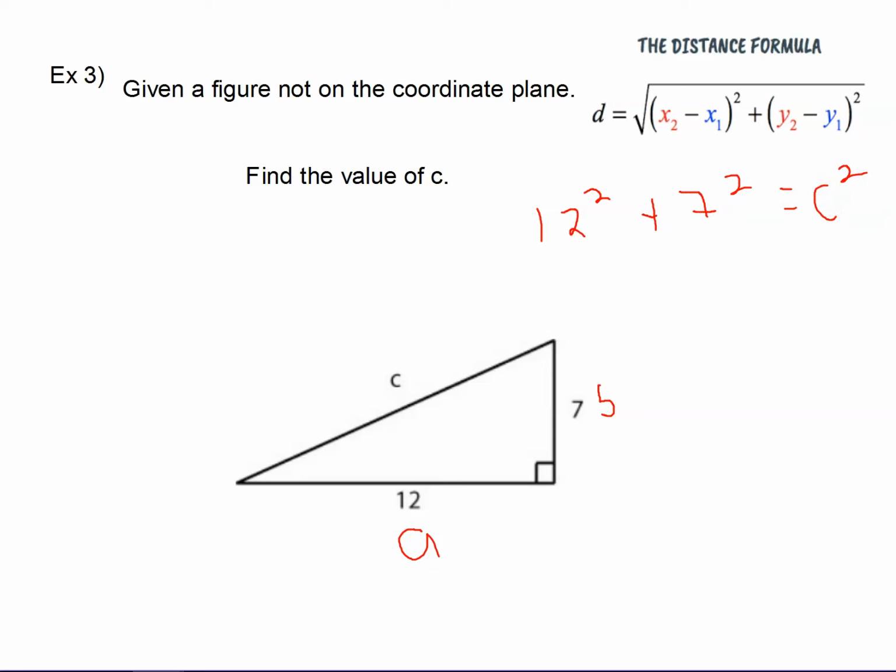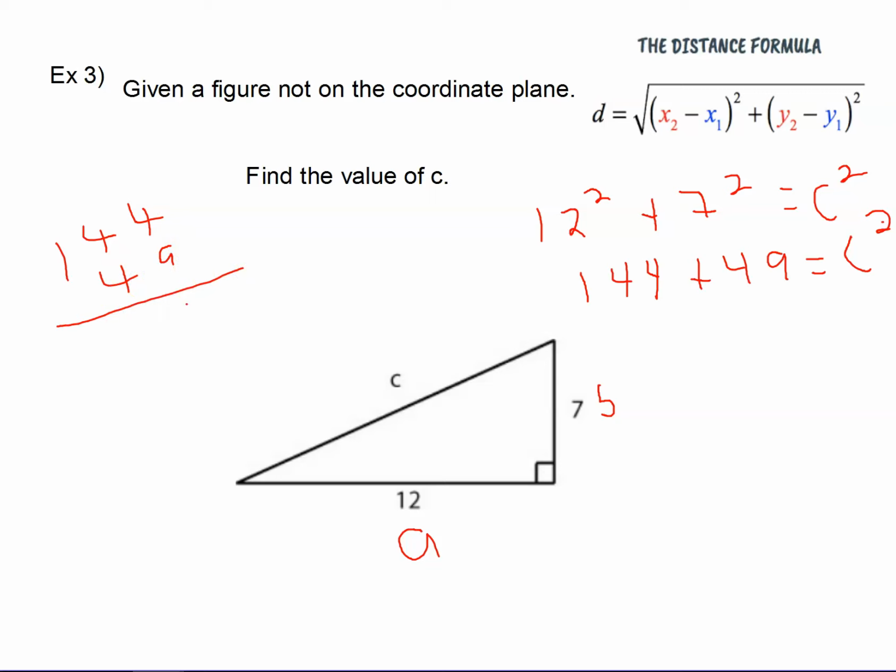So 12 squared is going to be 144. 7 squared is 49. And then we have the c squared here. Now, 144 plus 49, you would go ahead and calculate that. If you just do that on the side, don't feel afraid to go ahead and do that.